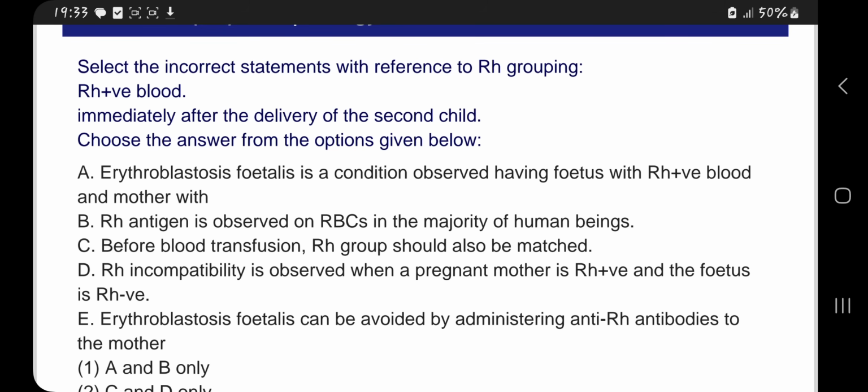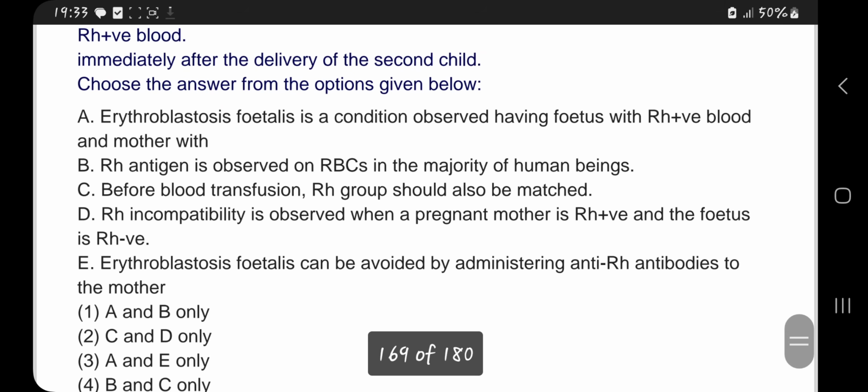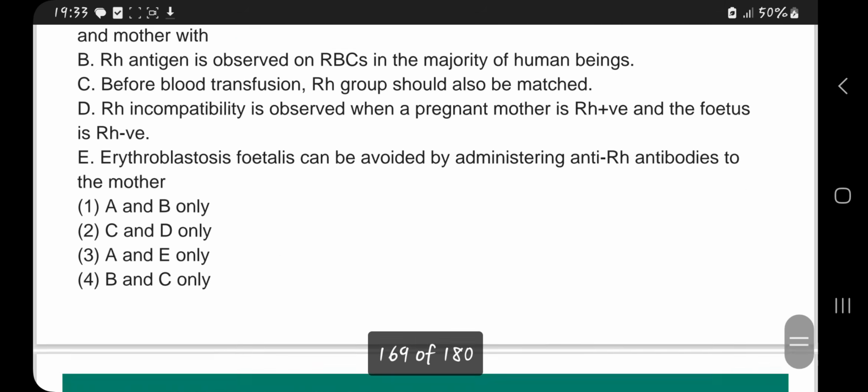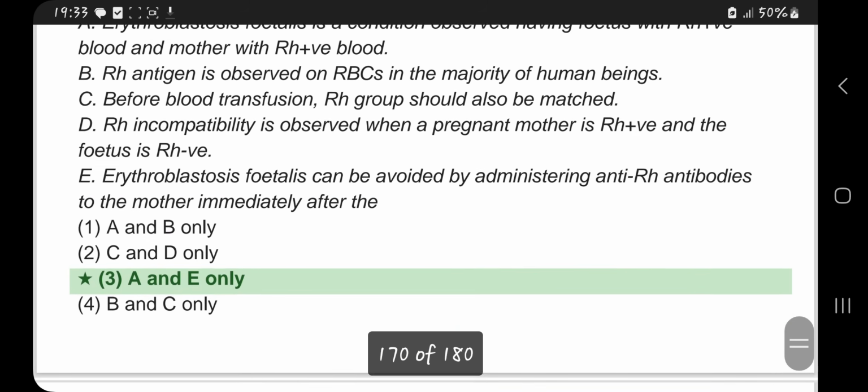Erythroblastosis fetalis can be avoided by administering anti-Rh antibodies to the mother immediately after the delivery of the second child. It should be the first child, not the second child. So A and E only.